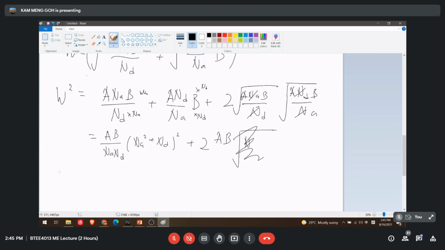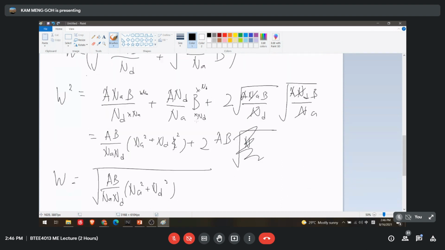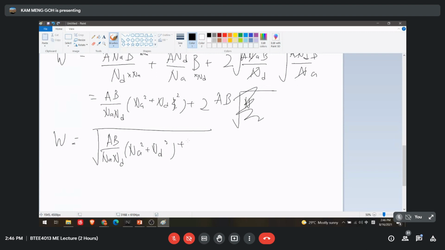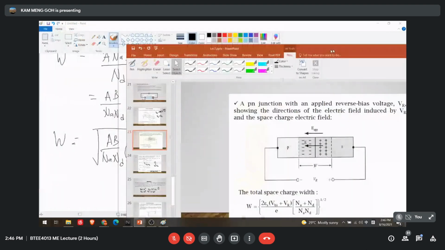Okay, then you try to square this: 2AB plus AB. Then you have AB times NA square plus ND square, so it should be outside, then plus 2AB. Okay, let's see how the formula looks like. We almost got there.